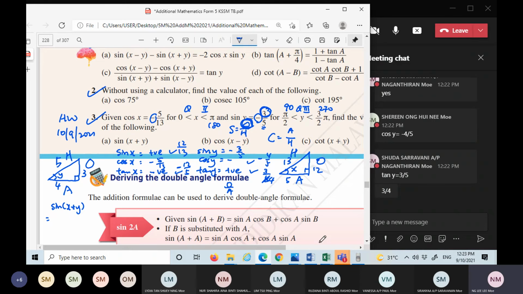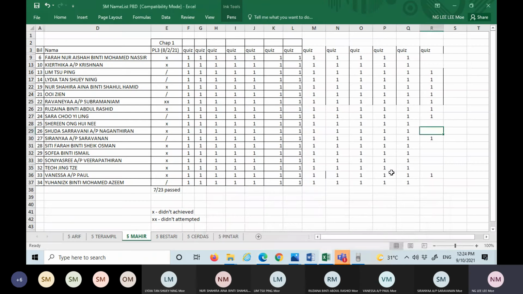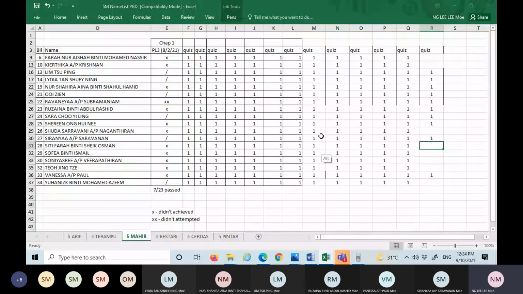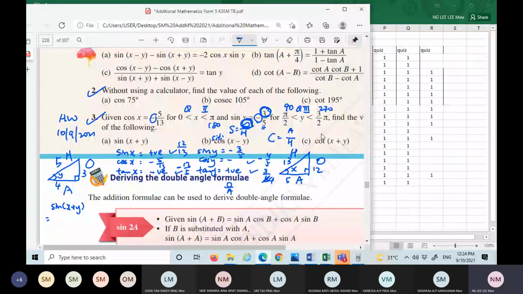Okay, while waiting, I call another 2 more girls. Okay, Siti Farah, you do for B. Sophia, you do for C. Sophia, you got to make this one become a reciprocal first.